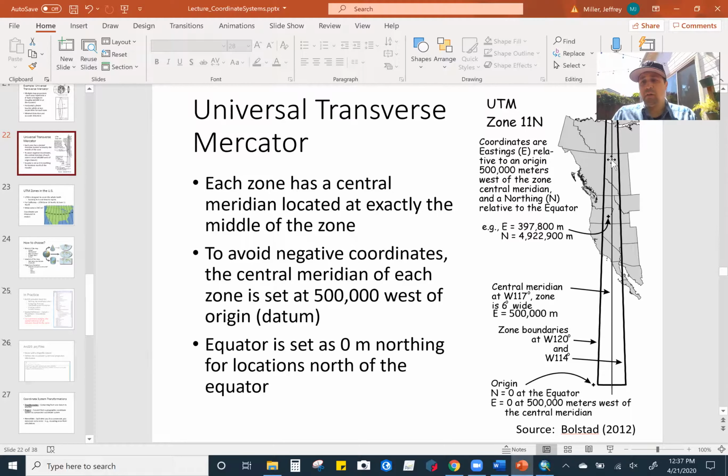Between these two lines would be 6 degrees of longitude. Because they're meridians, they appear wider the closer they get to the equator. This line here in the middle would be the central meridian, and these darker lines define where the zone is.